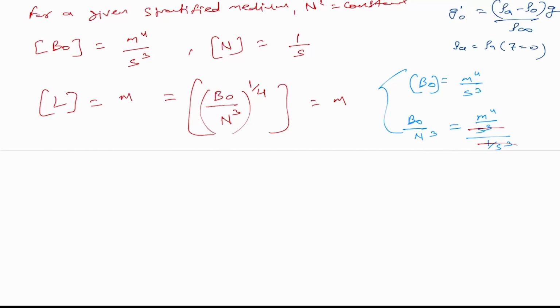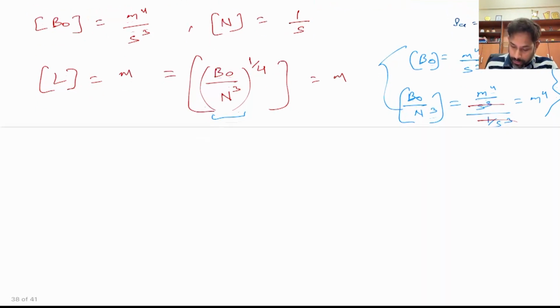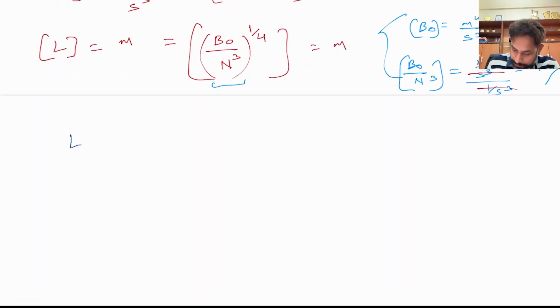So that becomes m to the power 4. Now if you want to get the dimension of meter, then you must put an exponent of 1 by 4 on this bracket, right? Then only it will become meter. So we define the length scale as B naught over N cube to the power 1 by 4.